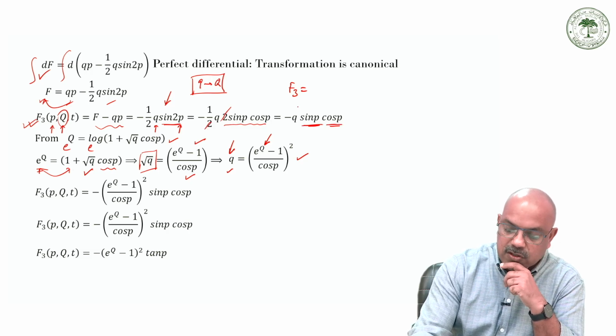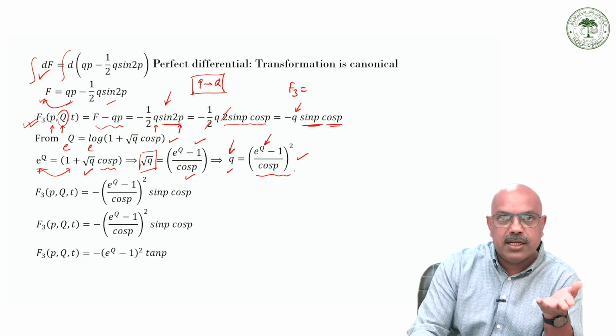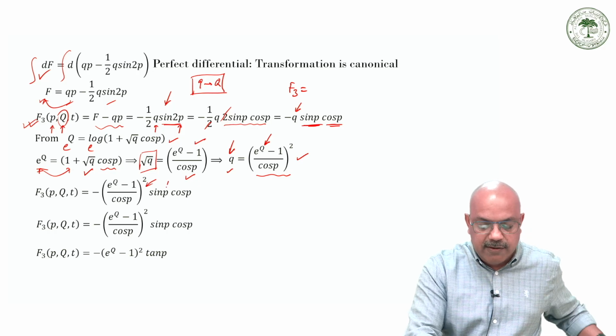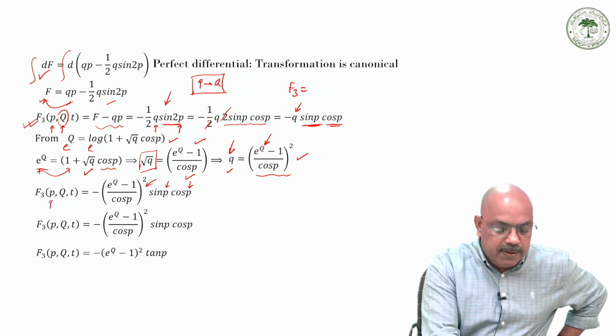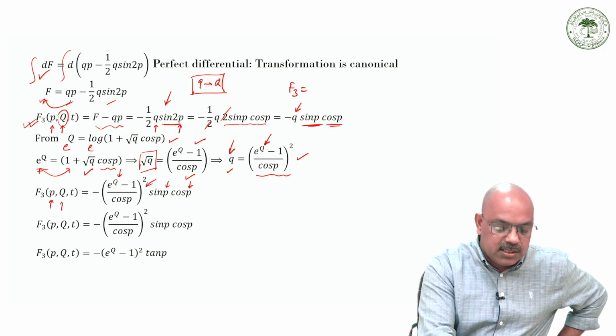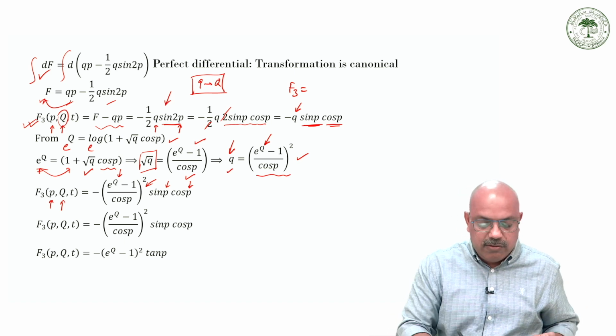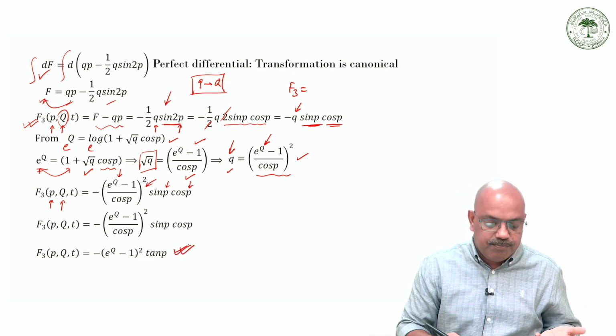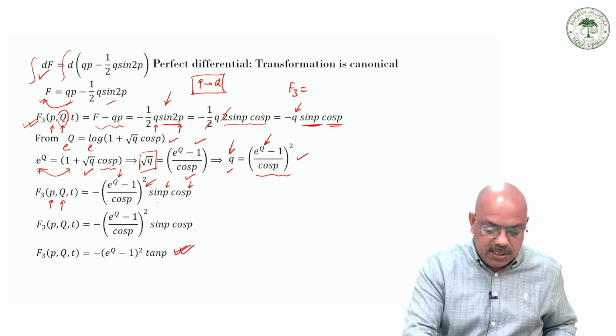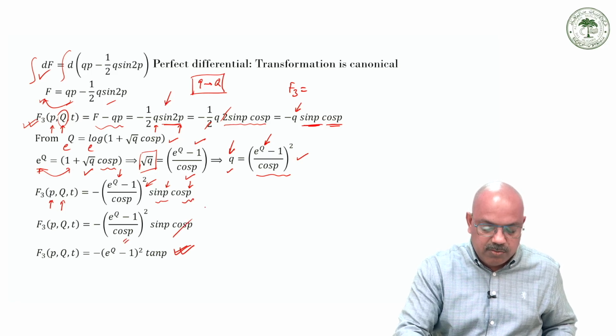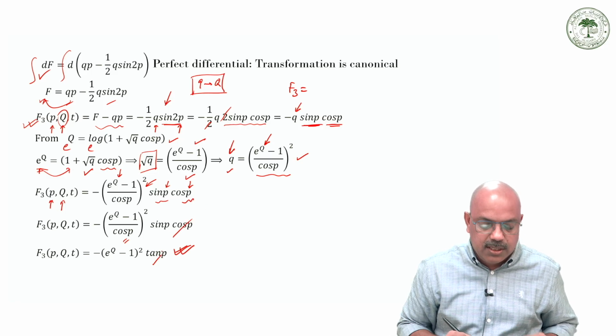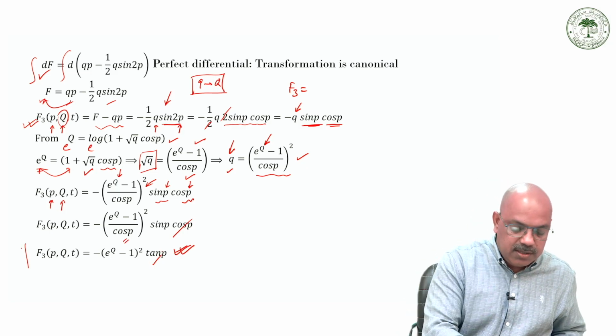So in place of q I write this e to the Q minus 1, and then I have sine p. So small p dependence is there and capital Q dependence is there, no extra dependence is there. So finally what you get is my sine p and cos p is there. So this cos p square will get 1 cos from here, and sine and cos will come as tan p. So this is how you see my f3.